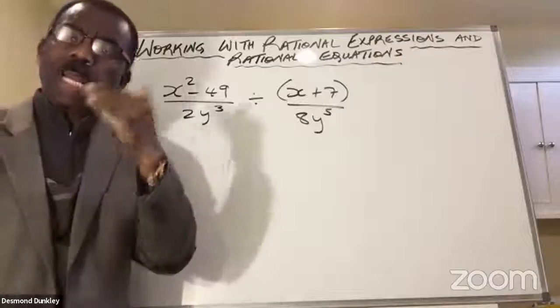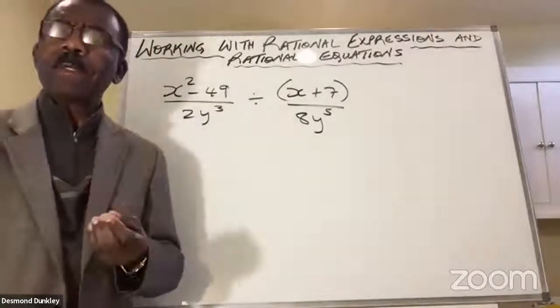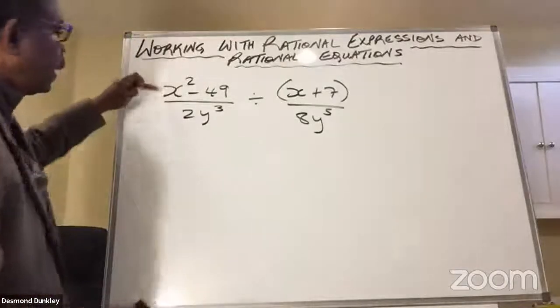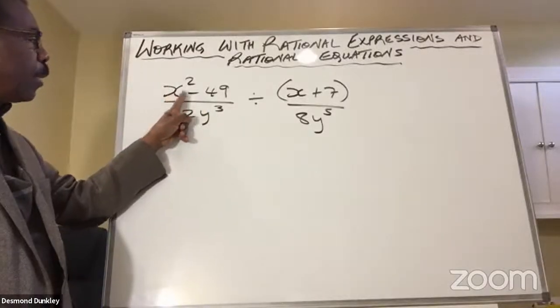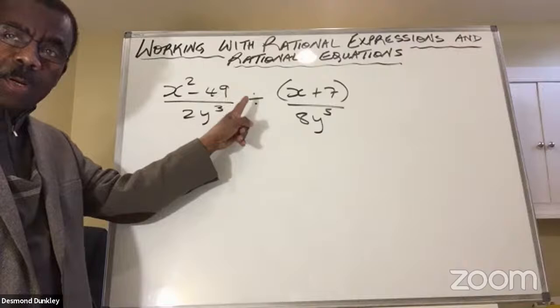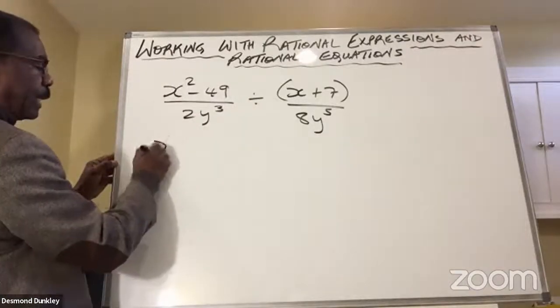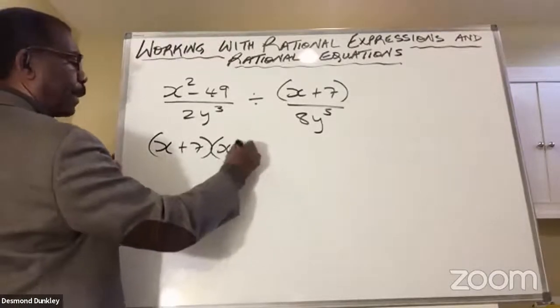We also realized that if it is possible to factorize anything, we will get a lot of benefits if we do that upfront. So this is a difference of squares. It's actually x squared minus 7 squared. So that we know can be factorized as x plus 7 times x minus 7.